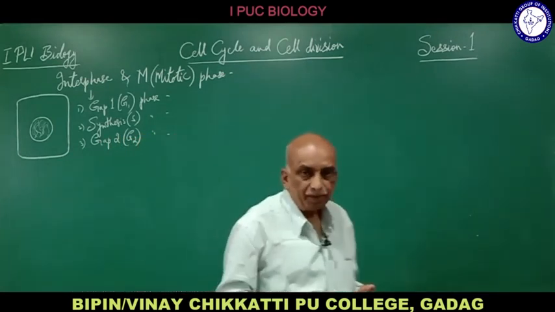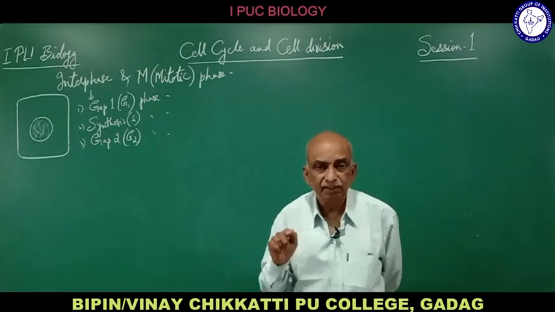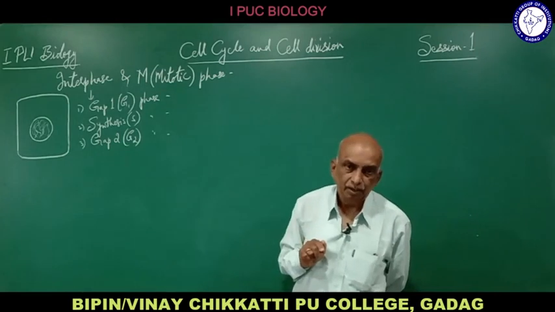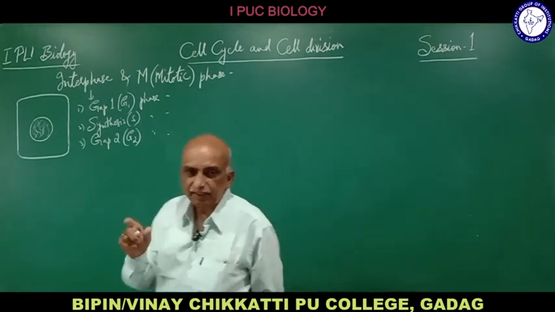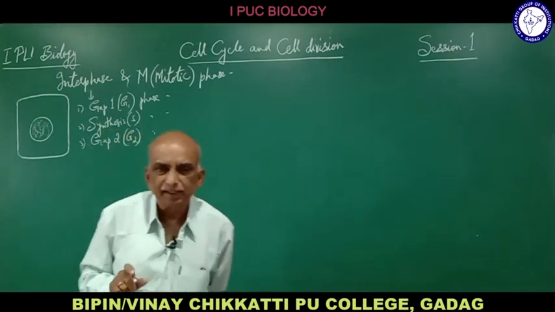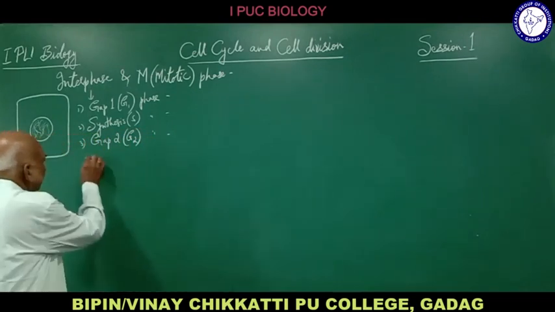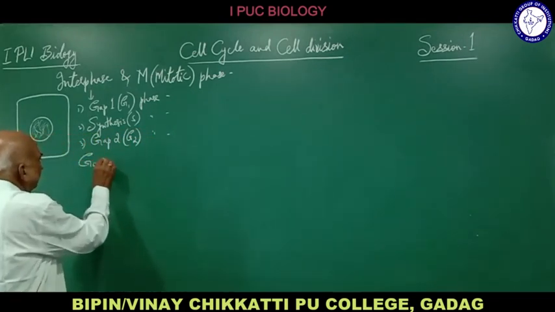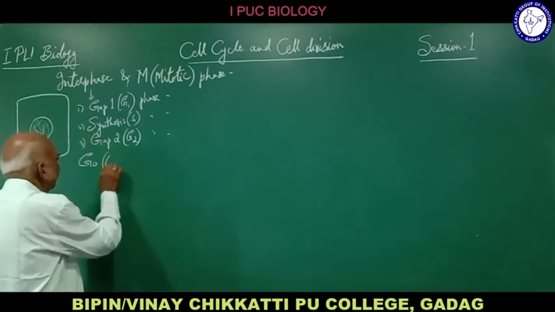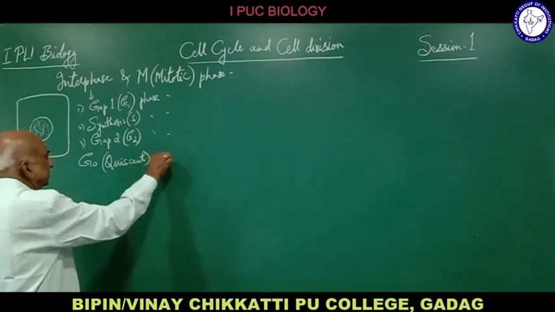When the division is needed, then the division will start. That means after the G2 phase there is a short gap where the cell will not divide. That is called the G0 phase, or also the quiescent phase.